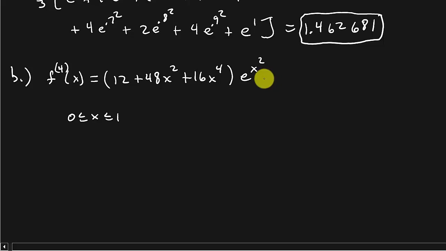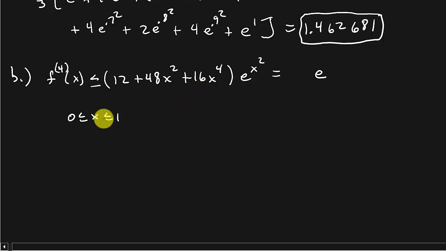So we know that this error right here is going to be less than or equal to what? Well, remember I told you this right here is never going to be more than e. It's never going to be larger than e.